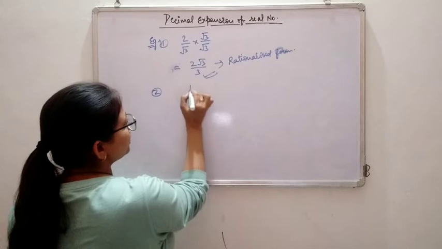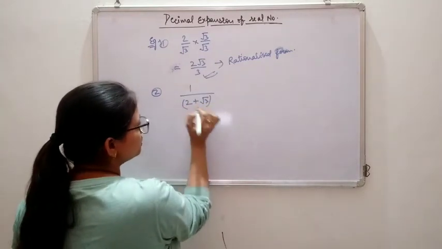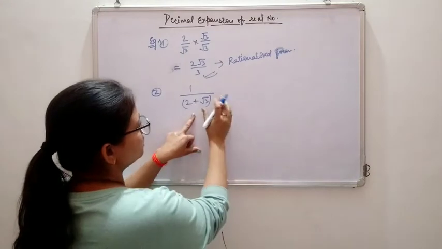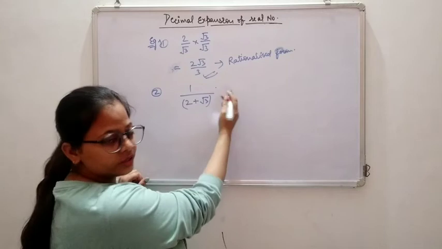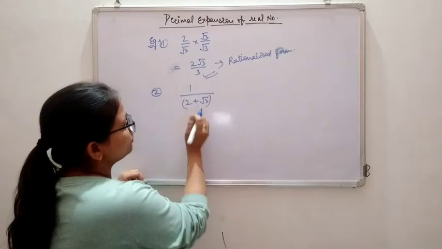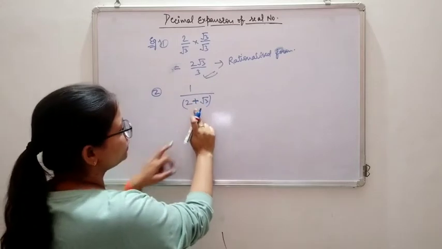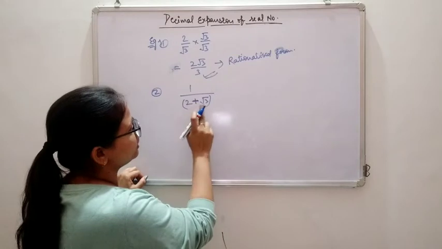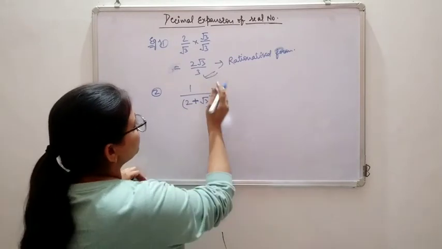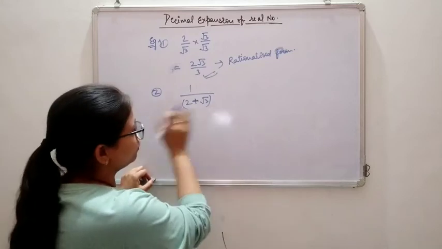Let's take another example. If I say rationalize 1 upon 2 plus root 3, you will multiply this by the conjugate in numerator and denominator, right? But you have to change the sign. If there is a negative sign, you have to change it to plus, and if there is plus, you have to change it to negative, right? Because otherwise it will not eliminate the irrational number from the denominator.